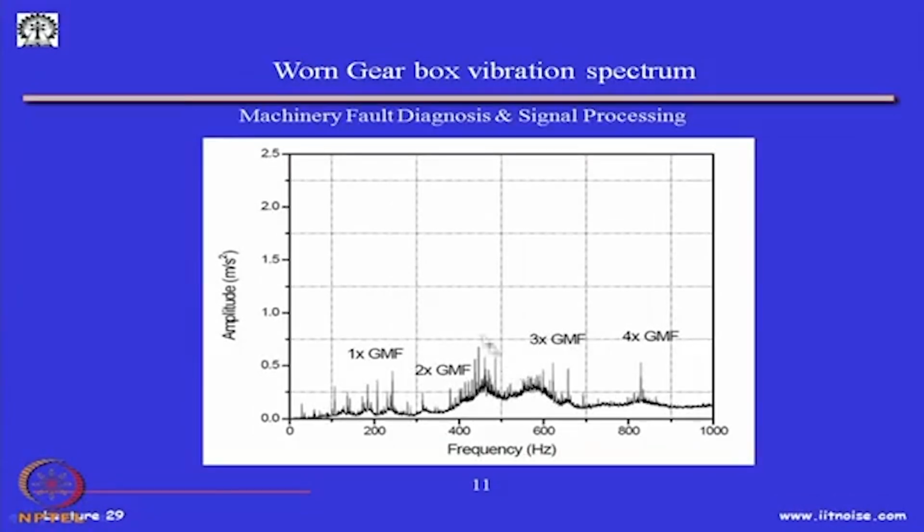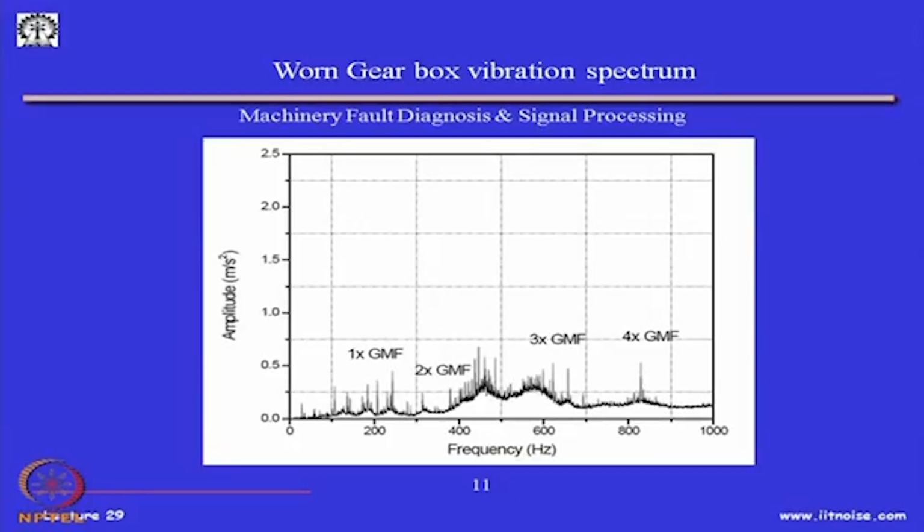Now, when we had one gear case, there is a change in the amplitude. In this case, I am showing you a comparison, though the amplitudes are from a different gearbox, so it is not fair to compare between the first graph and this graph, but there is a difference in the spectrum.